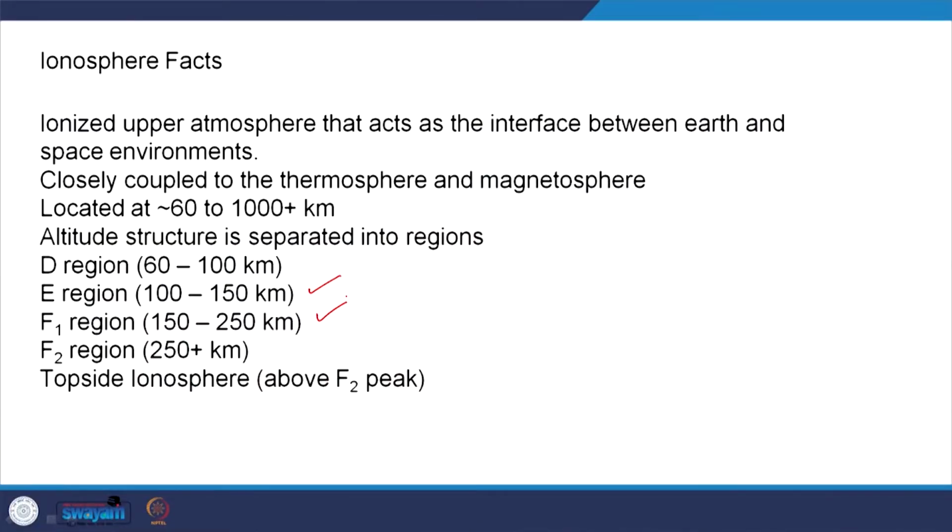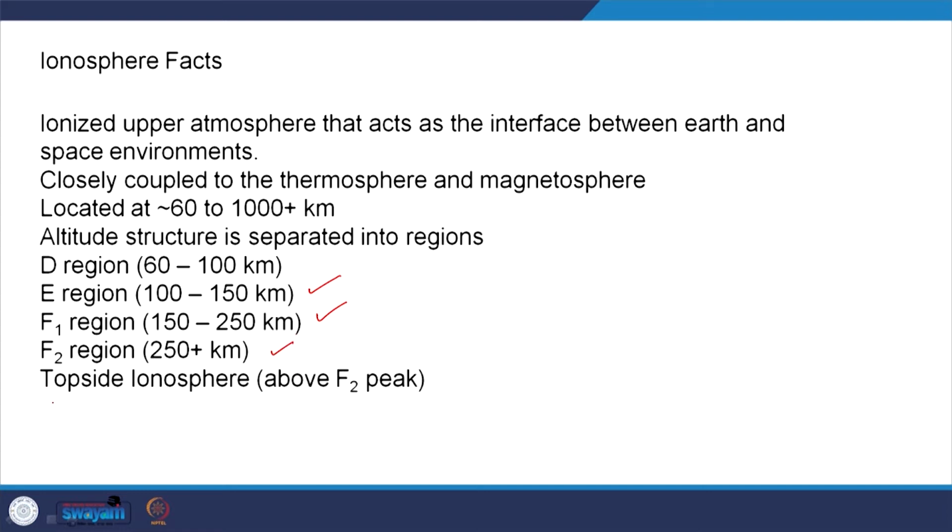The D region is the ionospheric layer which exists from 55 or 60 kilometers to 100 kilometers, the E region exists from 100 to 150 kilometers, the F1 region exists from 150 to 250 kilometers, and the F2 region exists above 250 kilometers.